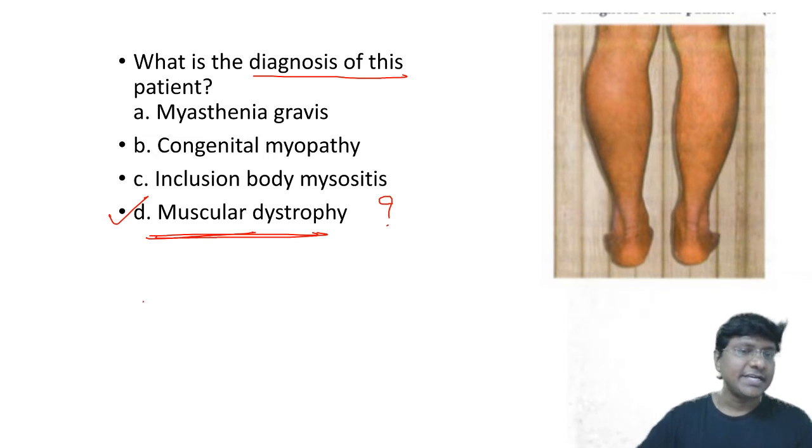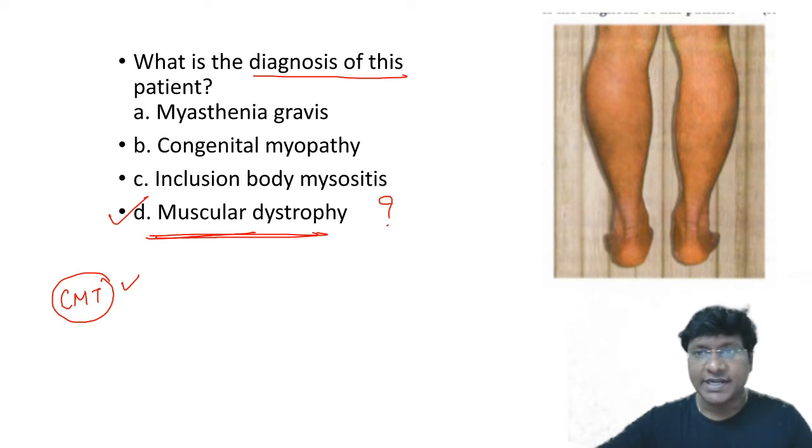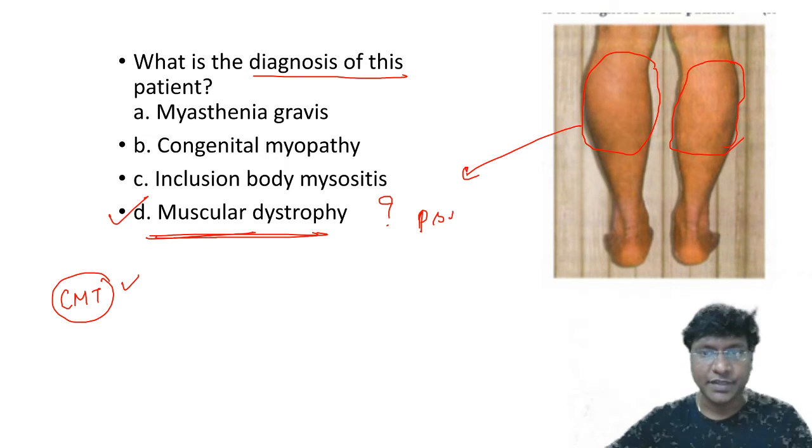Now, inverted champagne bottle appearance you will have in case of CMT, Charcot-Marie-Tooth disease. Adita, you said inverted, yes. So Blessy has come up with an answer there. What you are noticing here is pseudo hypertrophy of the calf muscles.